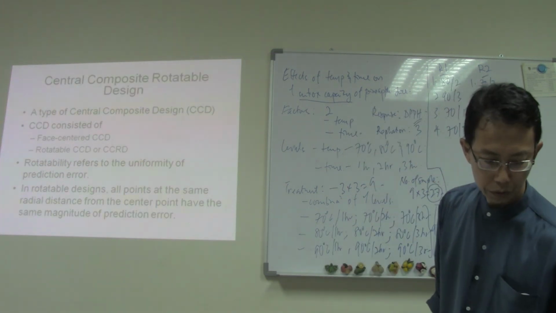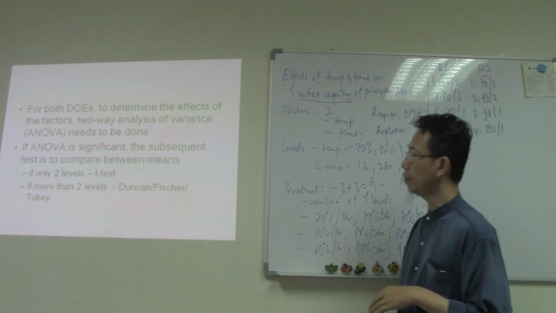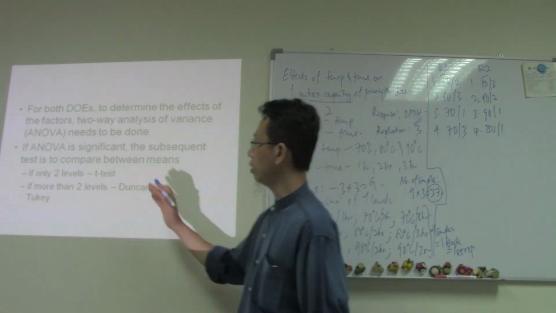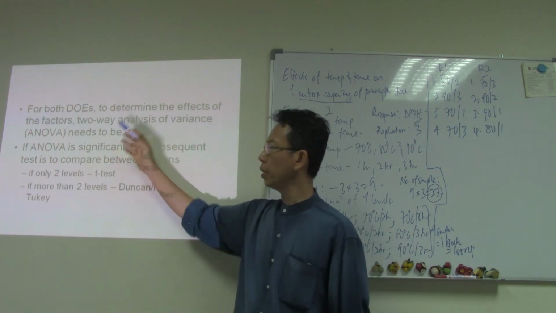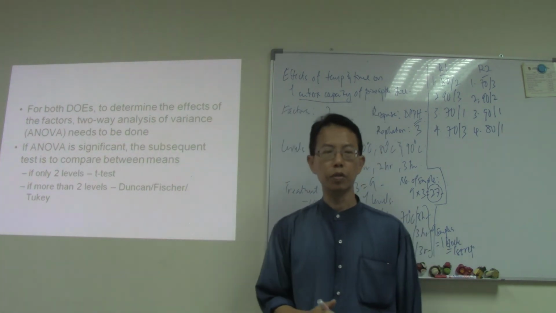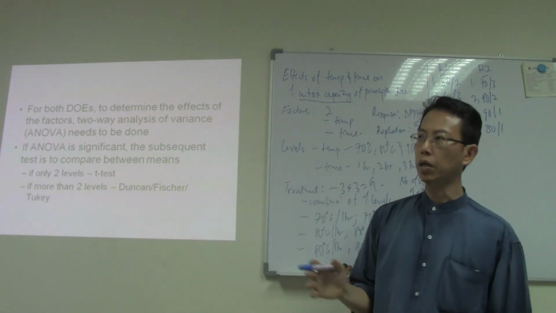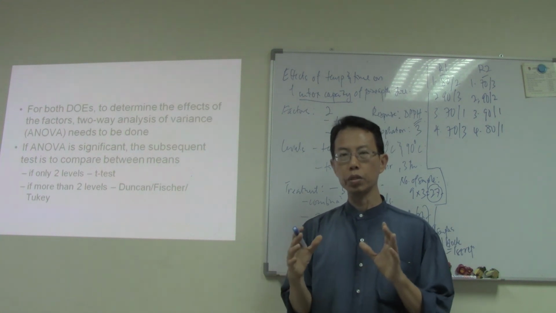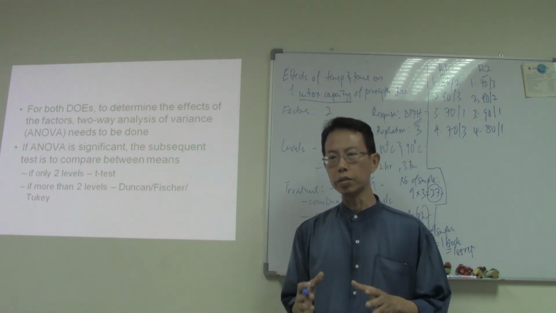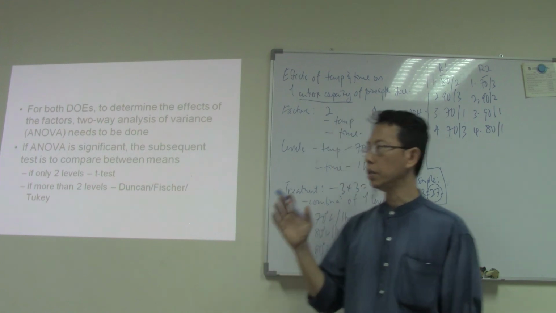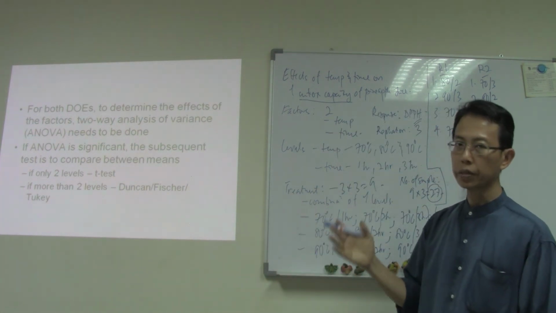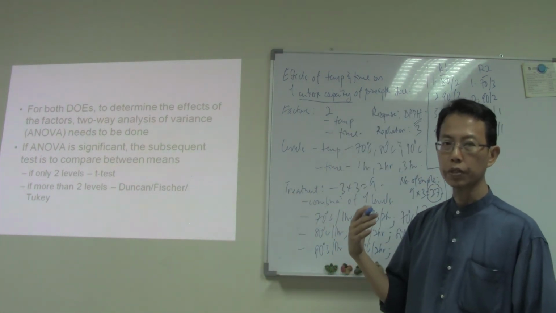Another option is for us to use a two-way ANOVA. Two-way ANOVA will tell us statistically and objectively whether the factors have a significant effect or not.